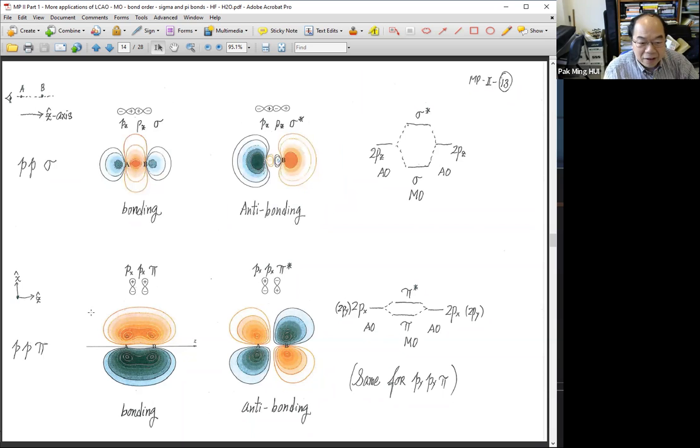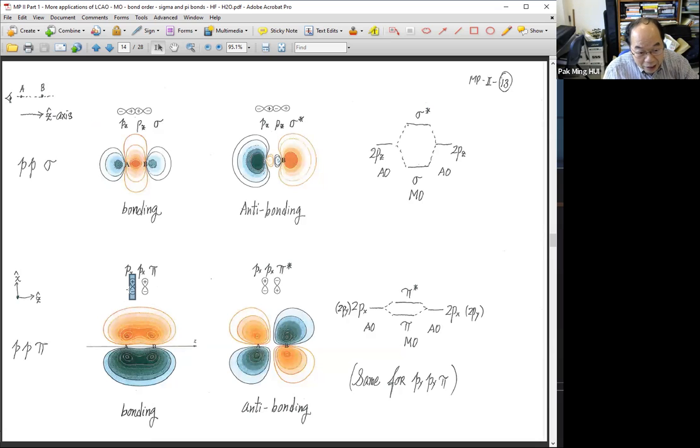With PP, we have more interesting thing. It is called pi bonds. The special direction is in Z. I call this AB nuclei direction, the Z direction. So you can think about an X direction. You have a P, go perpendicular to it, but with a finite extent only.